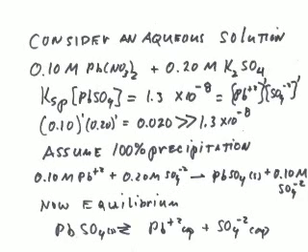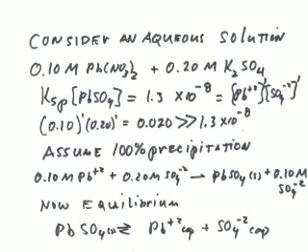If we multiply the concentration of lead ions, 0.1, times the concentration of sulfate ions, 0.2, we get 0.02, which of course is a lot larger than 1.3 times 10 to the minus 8, which indicates, yes, we absolutely are going to get a precipitation out of this. The nitrates and the potassium ions are, of course, spectators, and we're not going to worry about them.